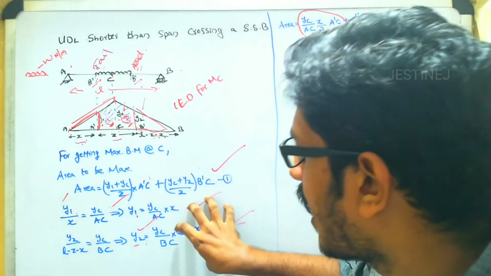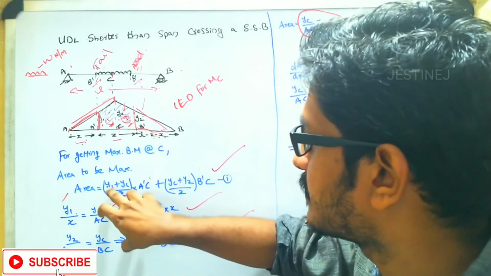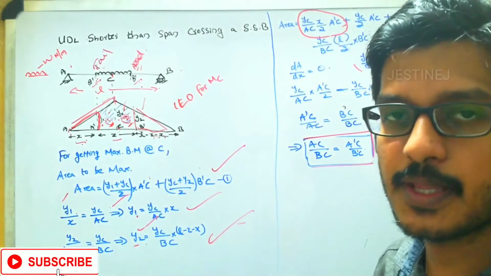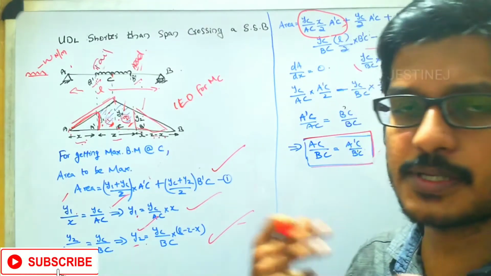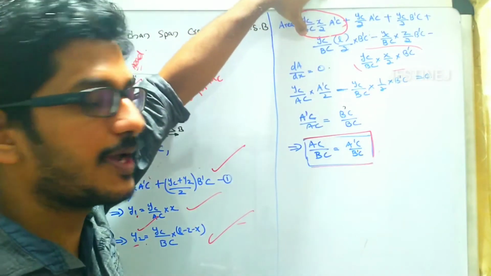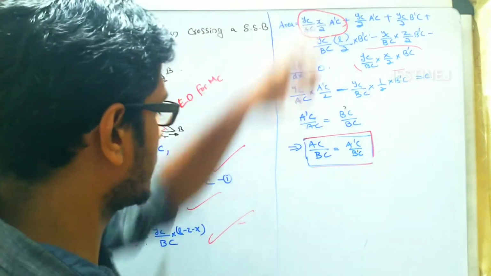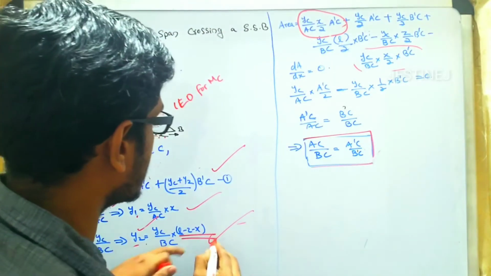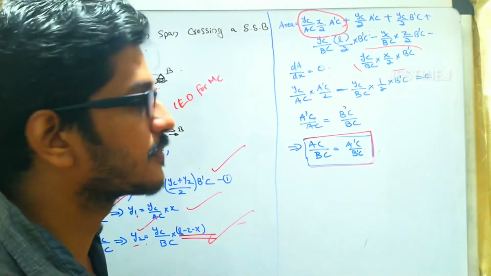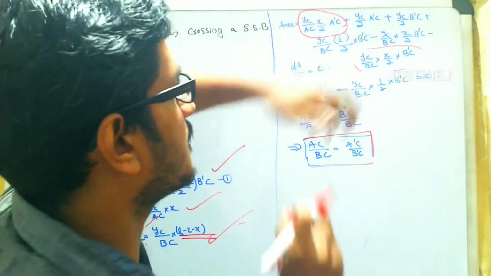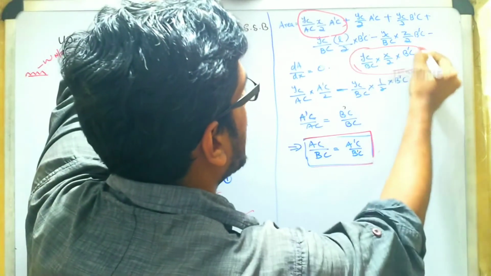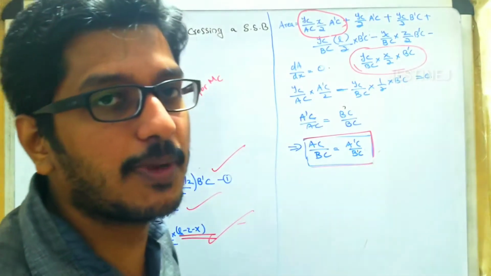Then you have to substitute these values of Y1 and Y2. After that, you will get another equation in this format. You have to expand all the brackets, including this L minus Z minus X also. After expanding, we have to find the area to be maximum.